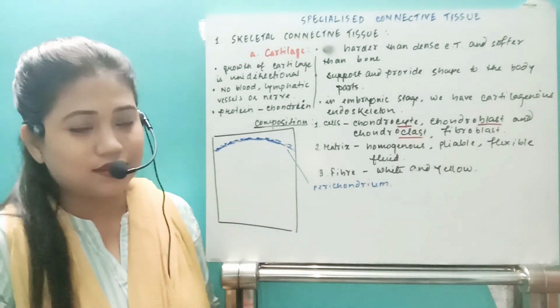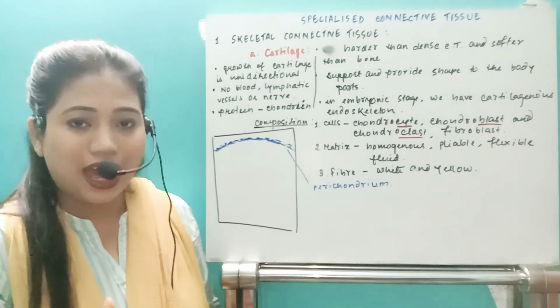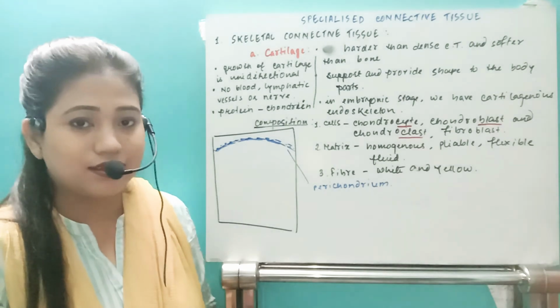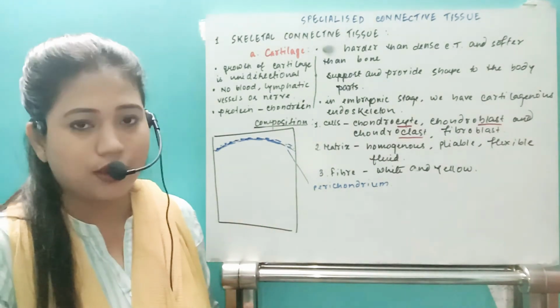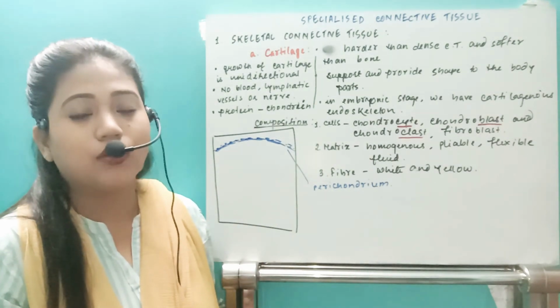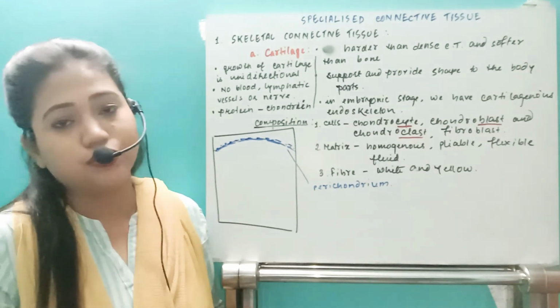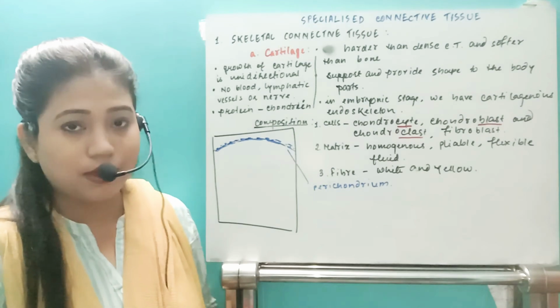The blood vessels can reach only up to this perichondrium, and the blood diffuses the nutrients and the gases only up to the perichondrium. After that, from the perichondrium the nutrients and the gases will diffuse into the cartilage. Okay, remember that.